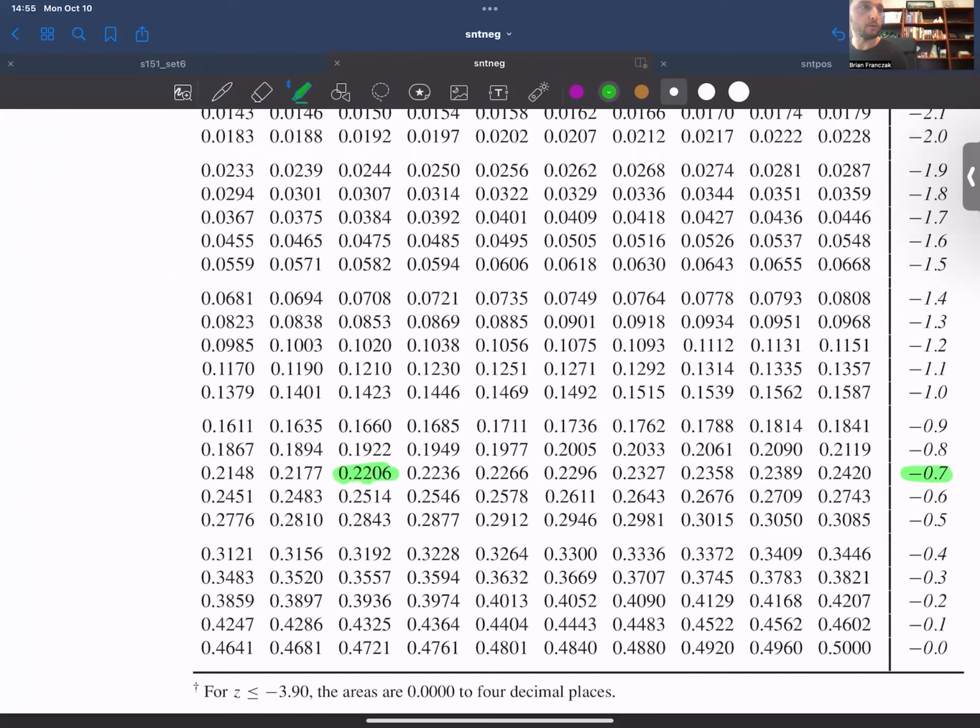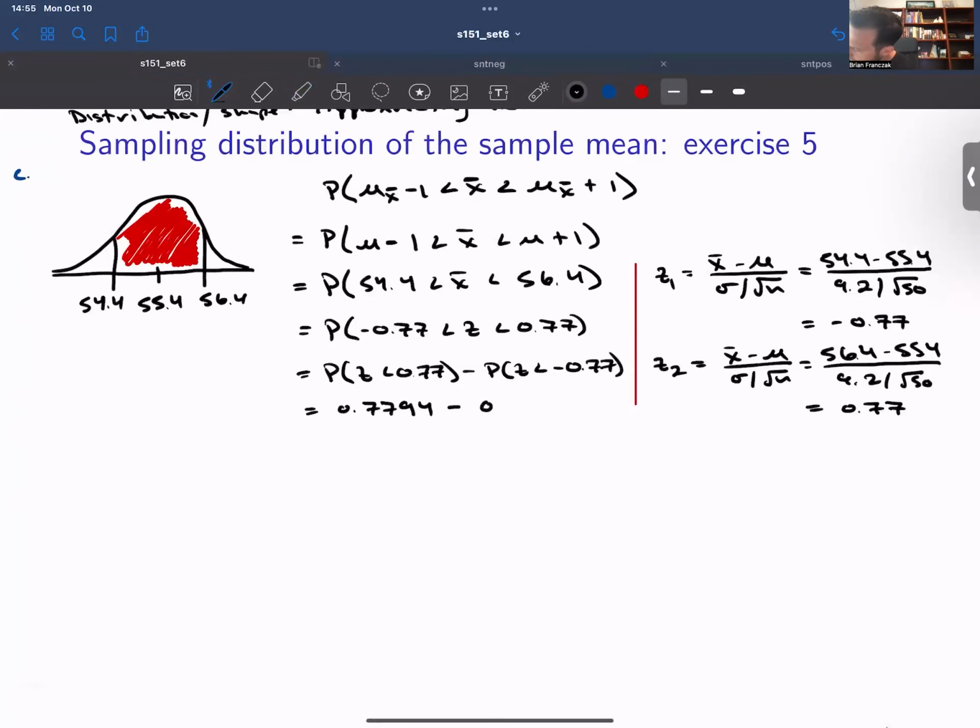That gives us 0.2206. And therefore we have 0.5588.